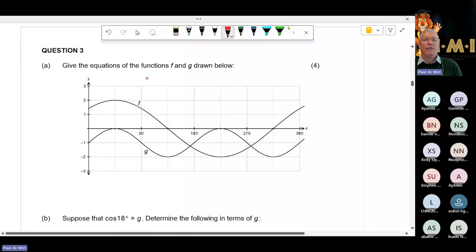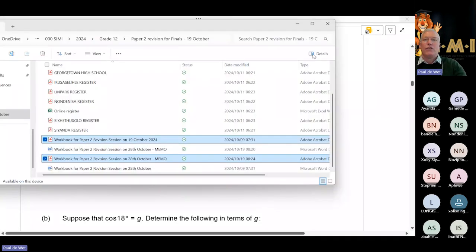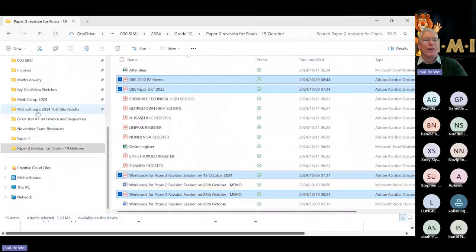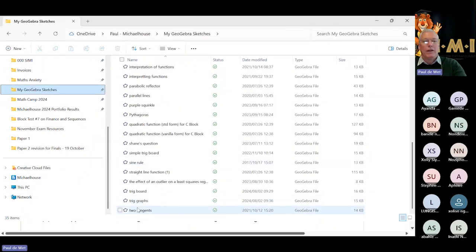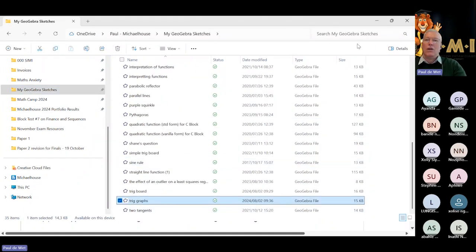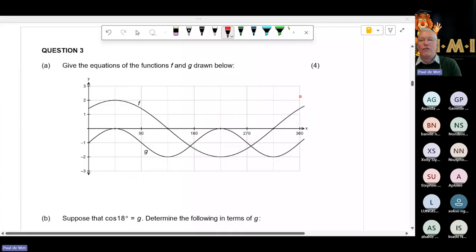All right, now some trig graphs. Before we dive into trig graphs, I want to show you a quick sketch, and I want to quickly remind you about some things on the trig graphs. Firstly, all of you should know how to draw a vanilla sine graph, tan graph, and cos graph.